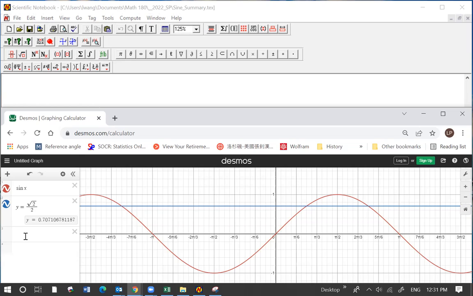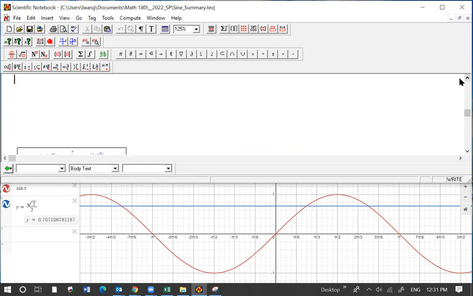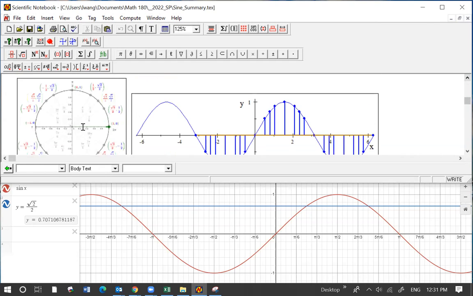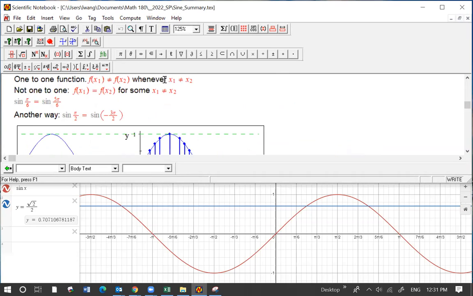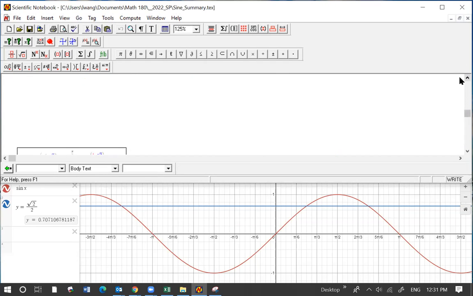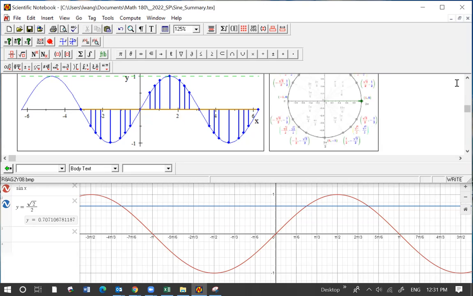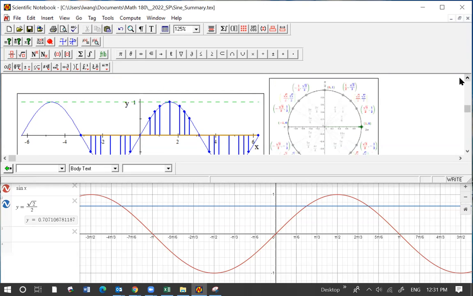Let's see if we can identify these points. To identify these points, I also want to bring you the unit circle. A lot of us like to use the unit circle, so I would certainly encourage you guys to do that. So here's the unit circle.